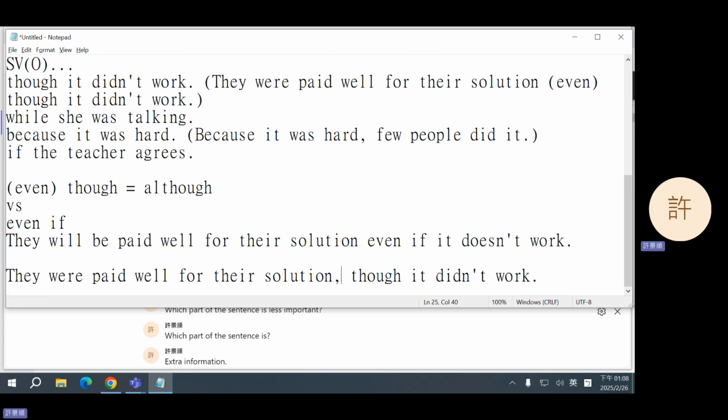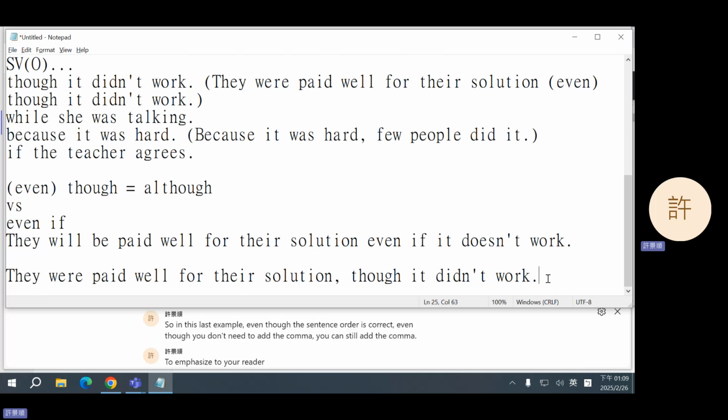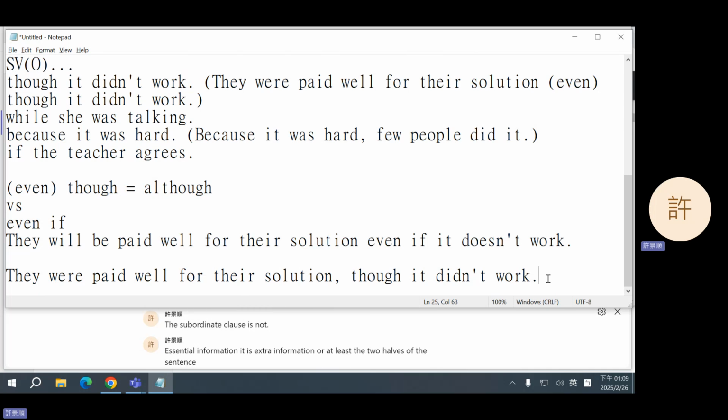So in this last example, even though the sentence order is correct, even though you don't need to add the comma, you can still add the comma to emphasize to your reader that the subordinate clause is not essential information. It is extra information. Or at least the two halves of the sentence are not equally important.